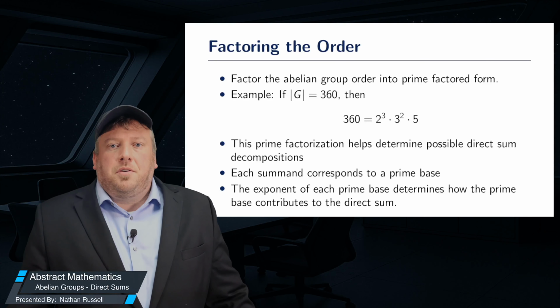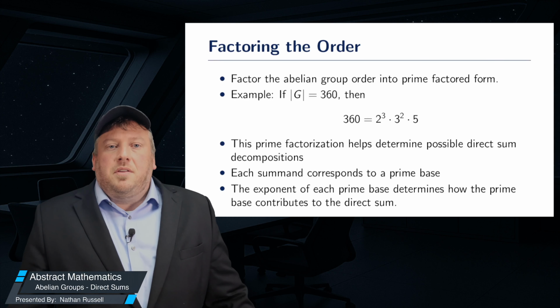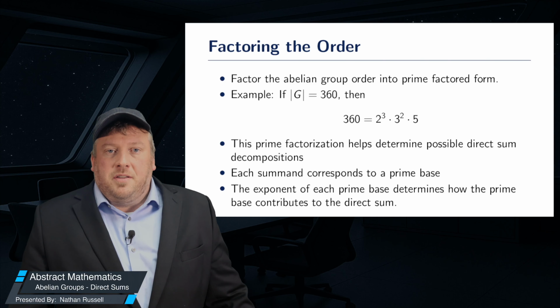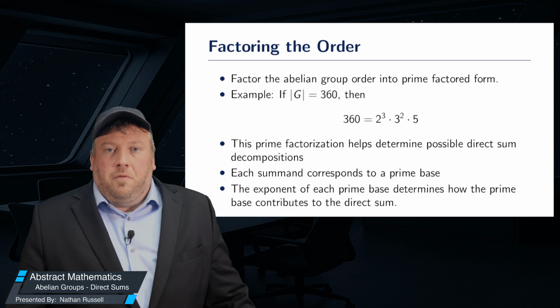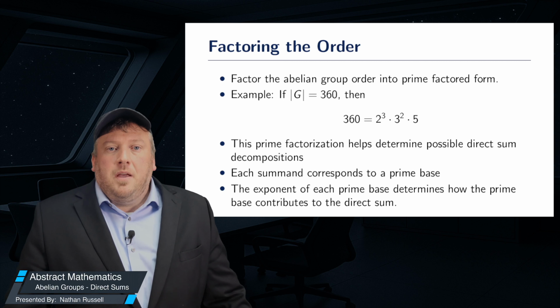To determine the structure of a finite abelian group, we simply factor its order. So for example, if the order of the abelian group we're trying to analyze is 360, then we simply write the value 360 in its prime factor form as 2 to the third times 3 squared times 5. This prime factorization reveals how the abelian group can be decomposed into its cyclic summand components.